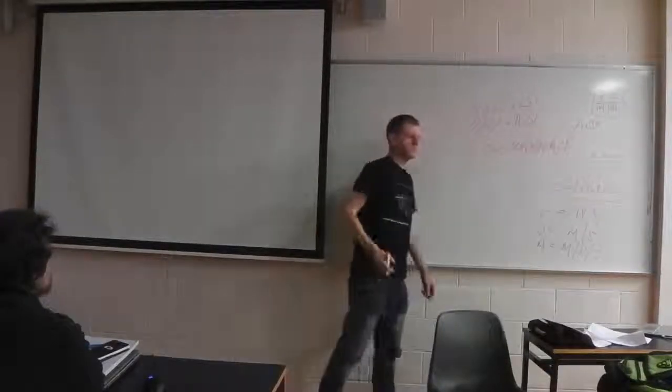Delta t v1 plus a half a delta t squared. So that's our third equation.